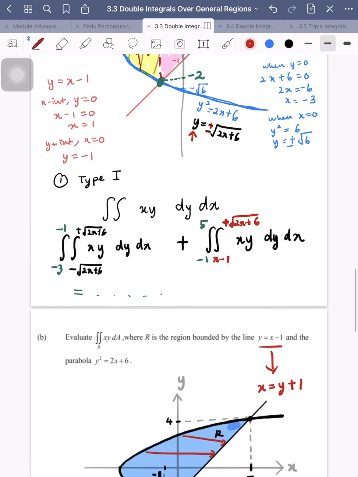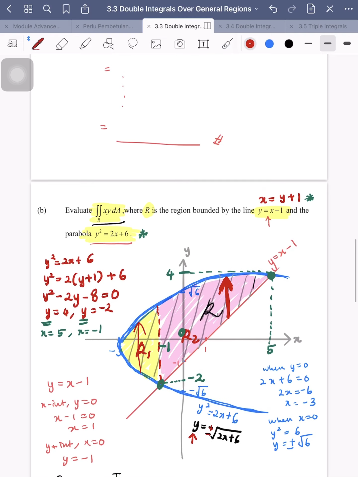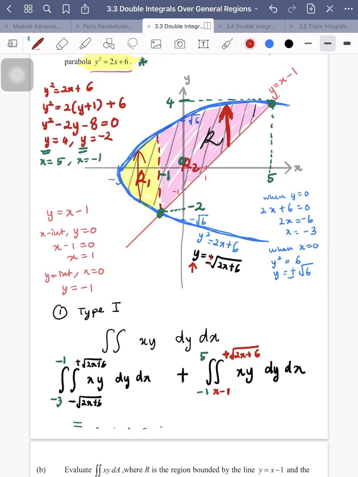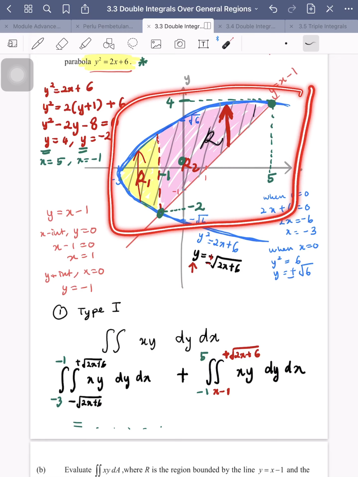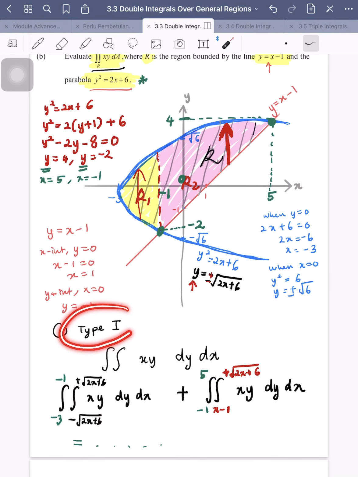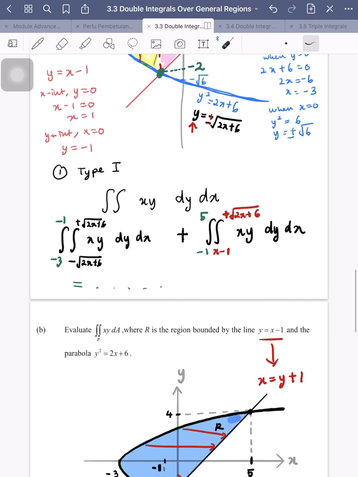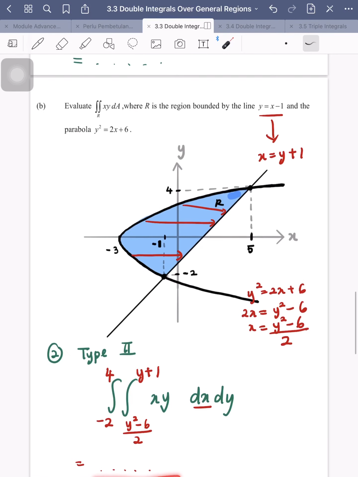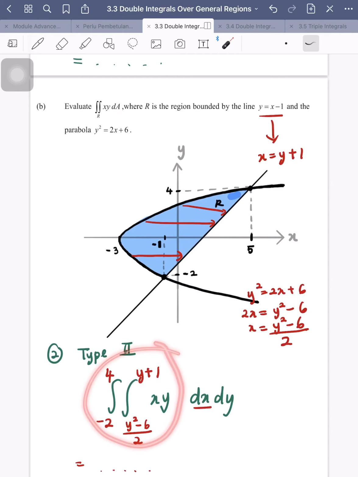Based on this example 4b, you can see that the type 1 region is quite hard to solve. The limit is quite hard to evaluate if you view it as a type 1 region. But if you view it as a type 2 region, it could be easier to solve because it's quite simple.